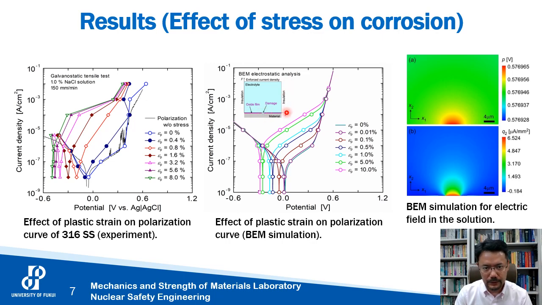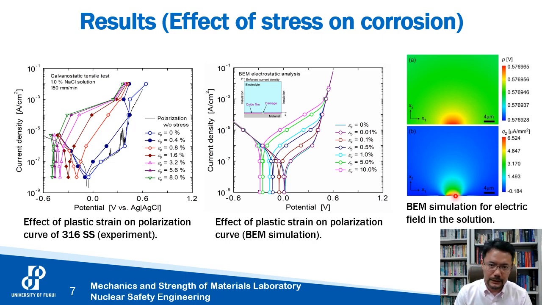And this model employs the periodic boundary condition. And then we could obtain this kind of distribution of potential and current density. And we can see very high potential and very high current density around the damaged surface.